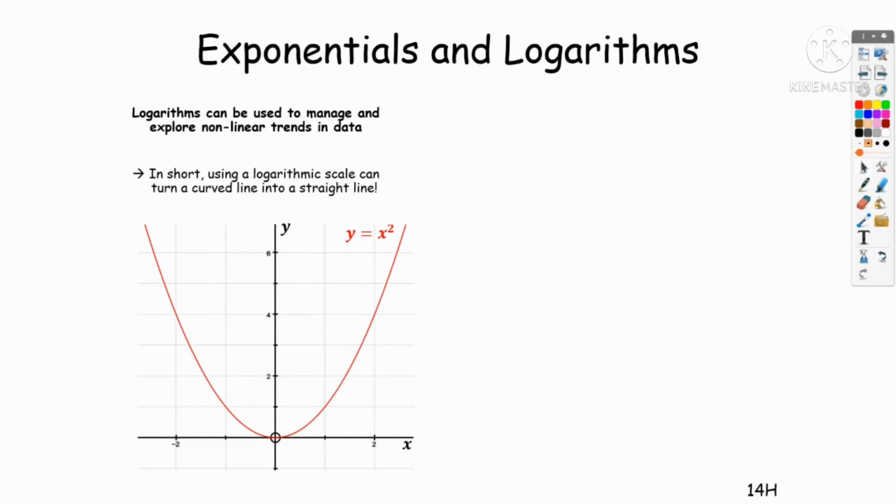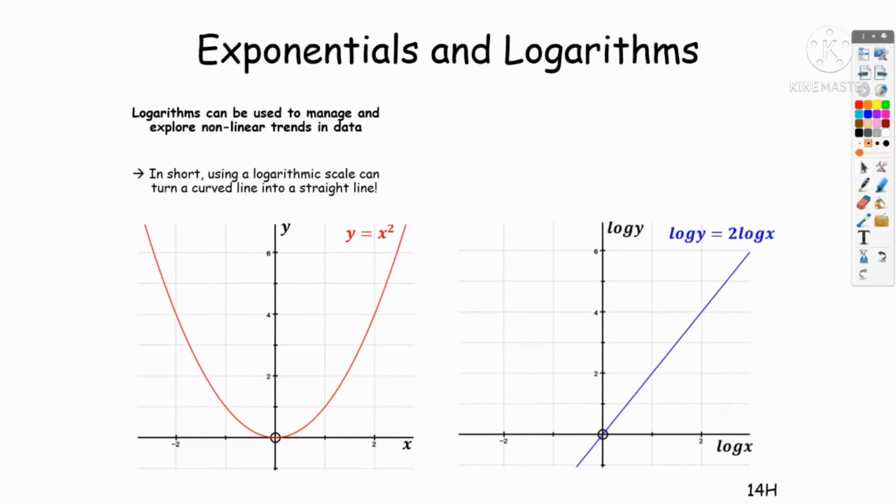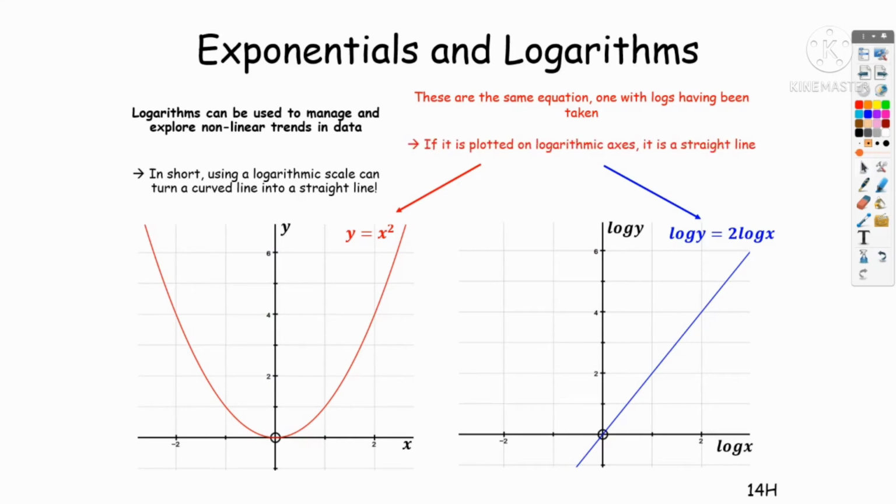We should have seen this a lot of times. And we've got log y is equal to 2 log x. So these are the same equation, one with logs taken of them. All I've done is take logs of both sides on the one on the left. If it's plotted on logarithmic axes, it is a straight line.